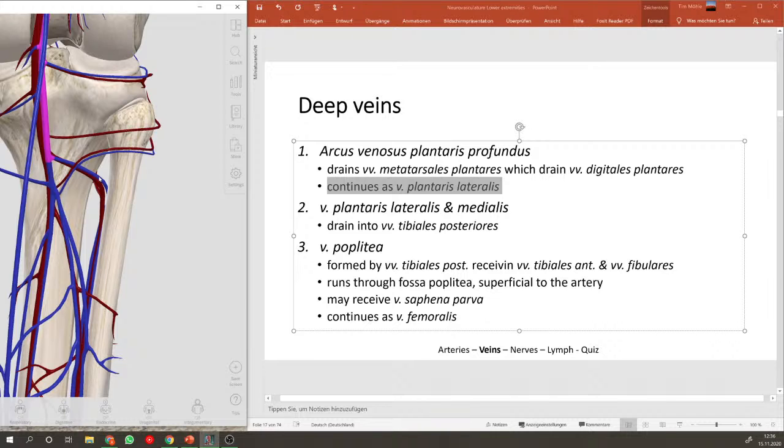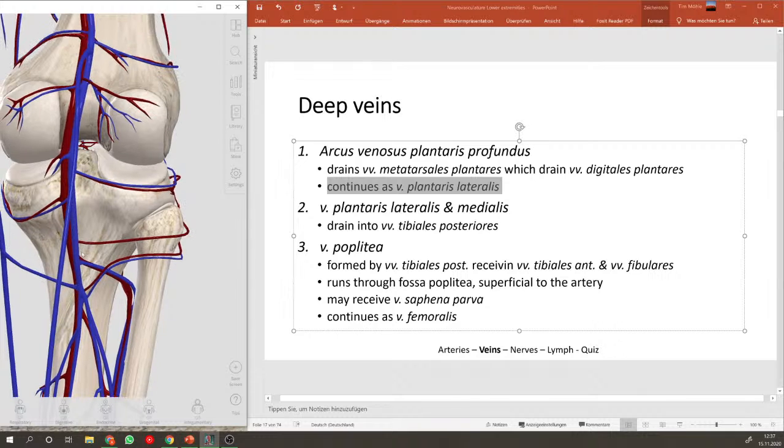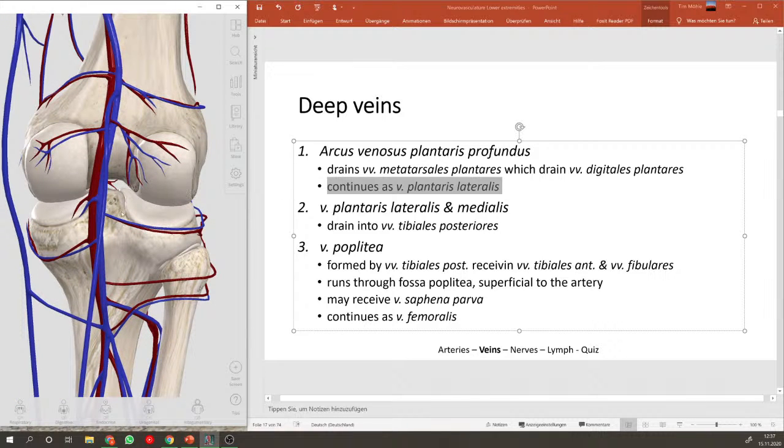In the venous system there can be some variations, but usually the fibular veins will drain into the posterior tibial veins, and then vena tibialis posterior plus vena tibialis anterior form vena poplitea. Now, vena poplitea will again receive the same contributors as the artery has branches, to put it in the correct way.